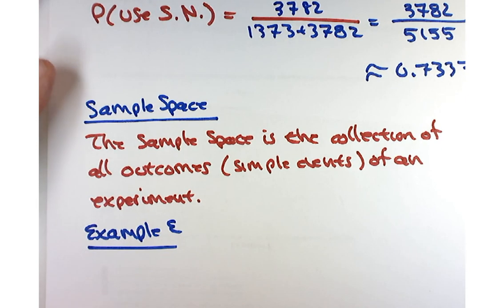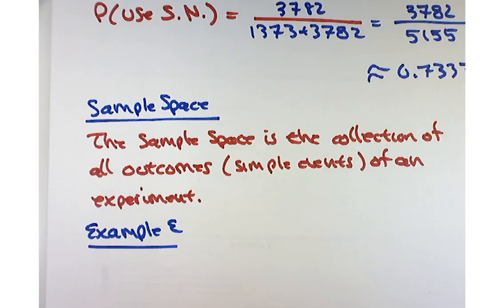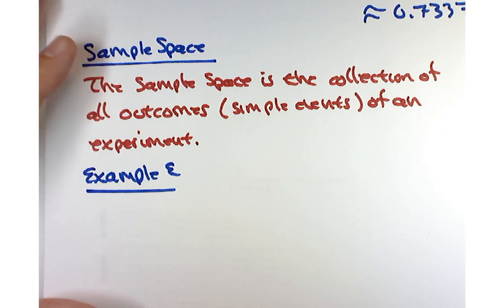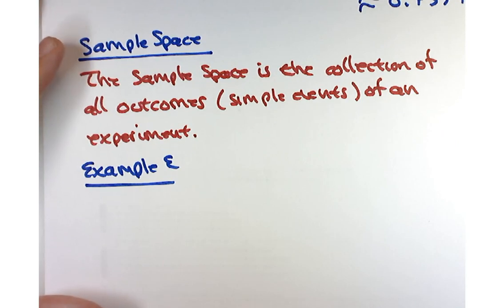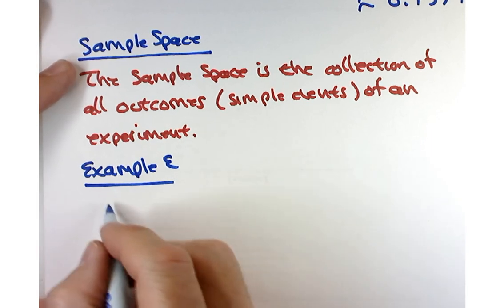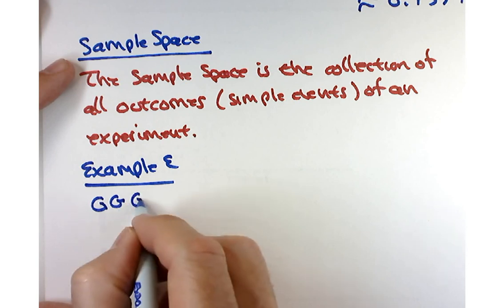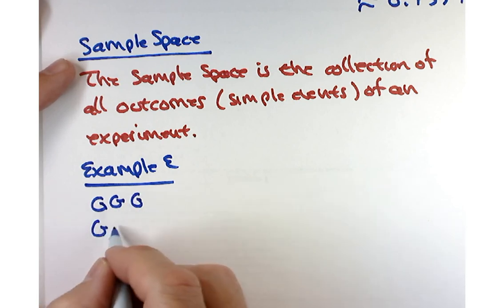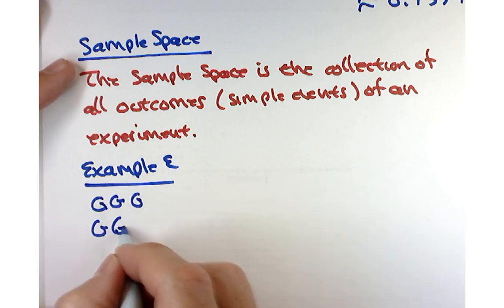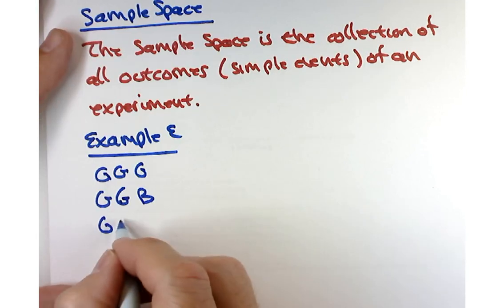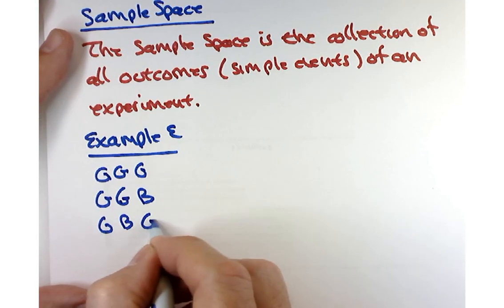they asked us for the sample space for 3 births. So for 3 children, what are the things that can happen? Well, let's start out with girl, girl, girl. Or you could have girl, girl, boy. And then girl, boy, girl.